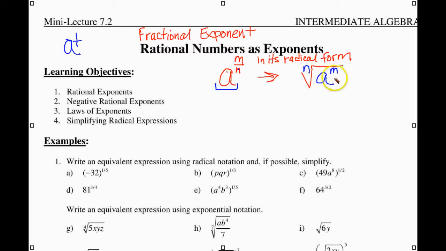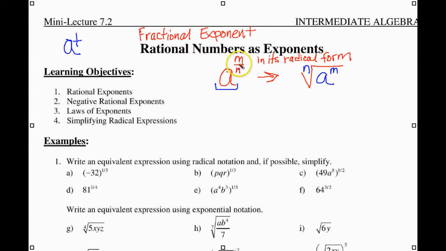in the radical sign. So this is a fractional exponent. This is the radical form. These are just the same thing written in different forms: exponential form, radical form.